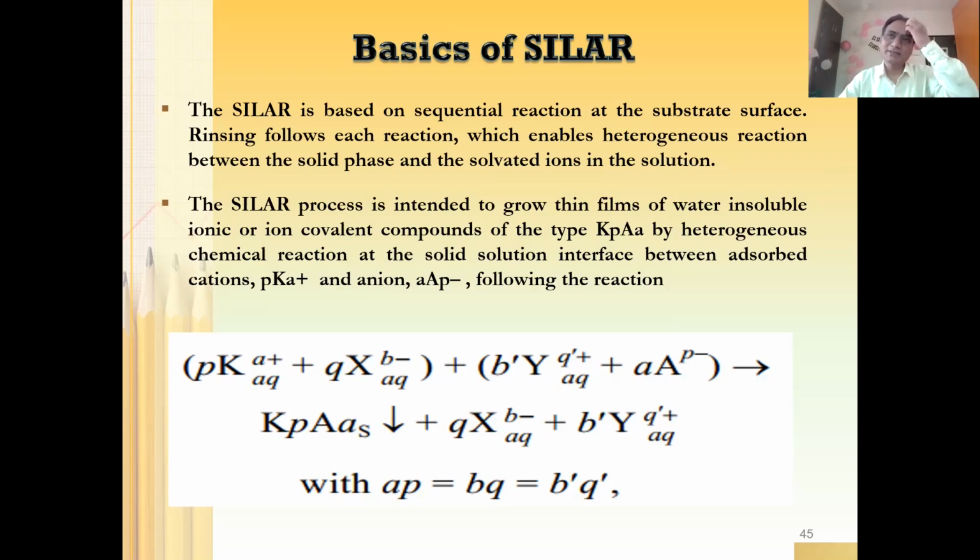It means cationic and anionic reaction is expected to take place by means of heterogeneous chemical reaction on any solid surface. This kind of thin film can be achieved by using SILAR, and this is the typical reaction.